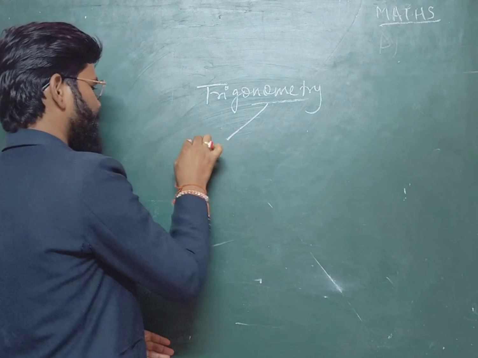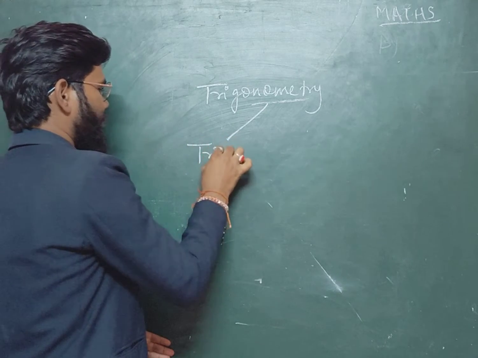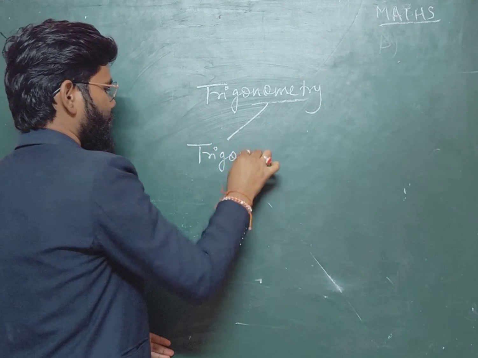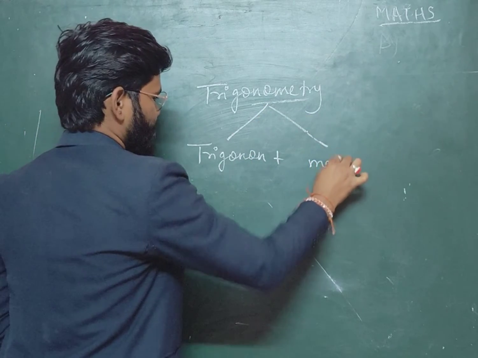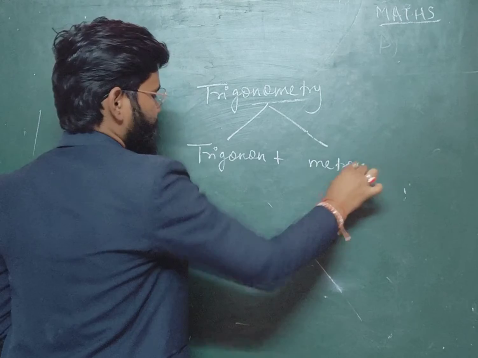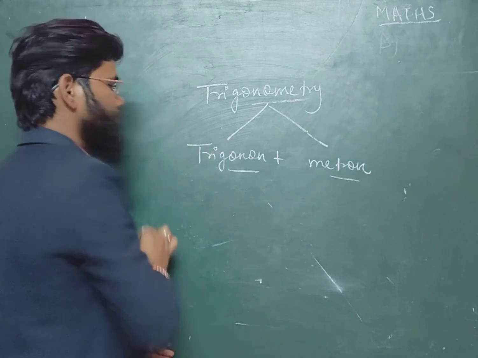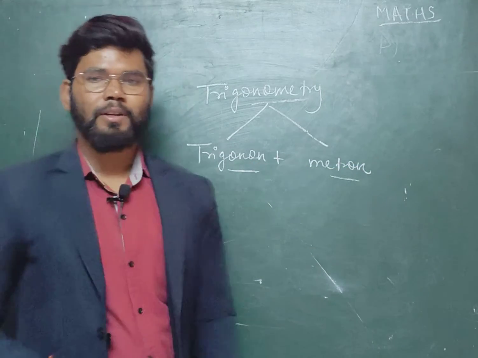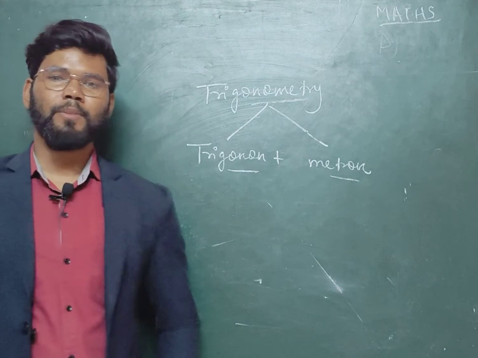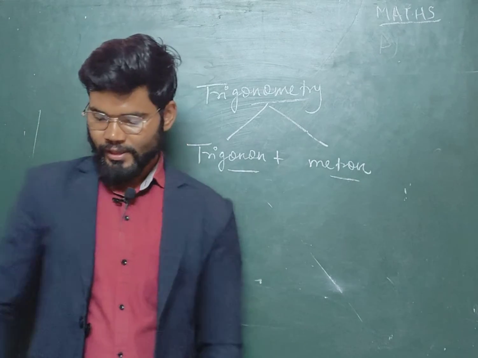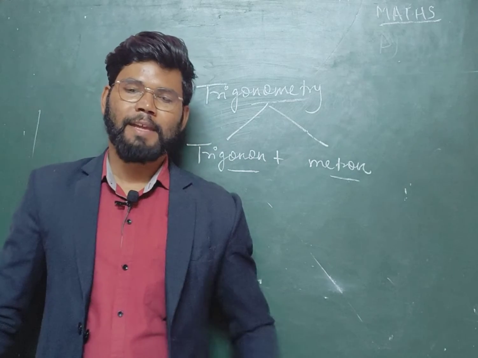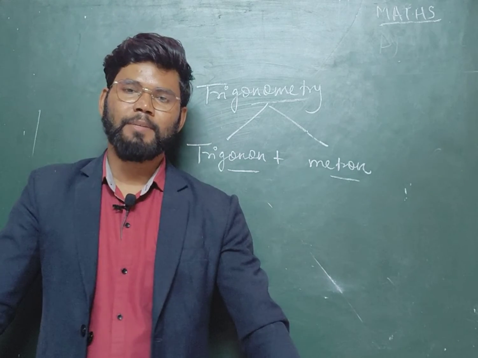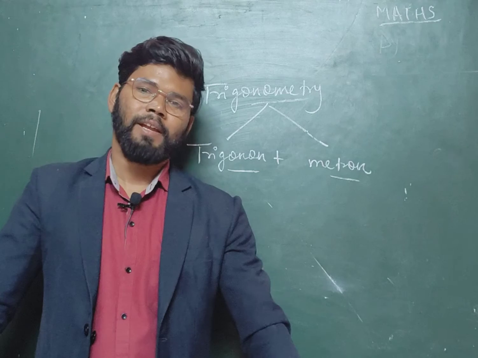We have to write it like that: trigonon plus metron. So trigonon means triangle, and metron means measure. In this chapter, we give the relation between sides and angles.